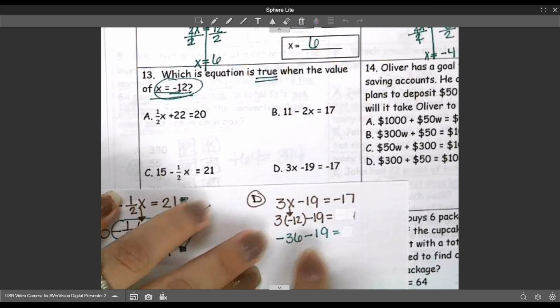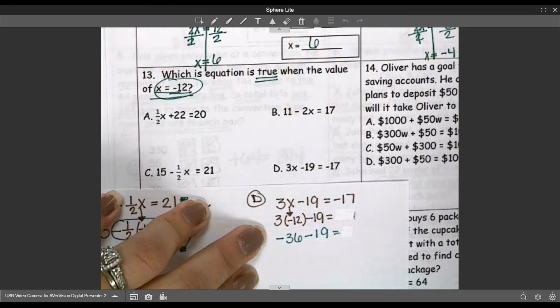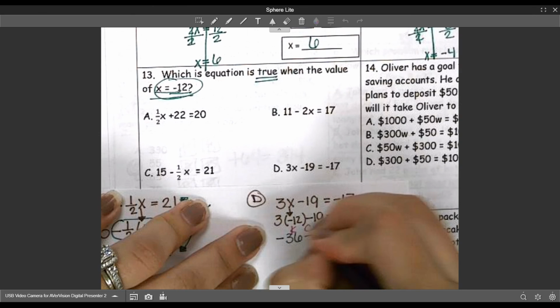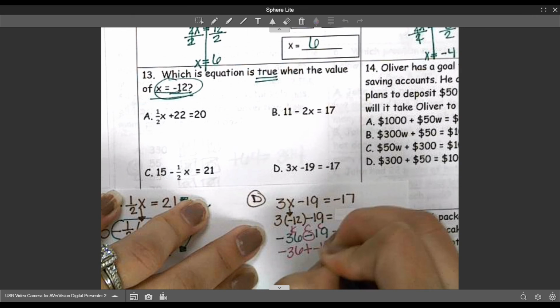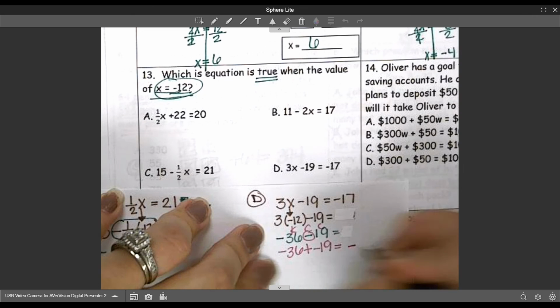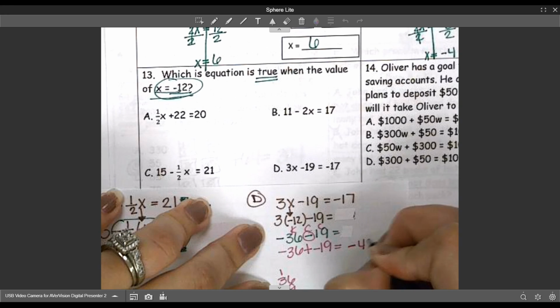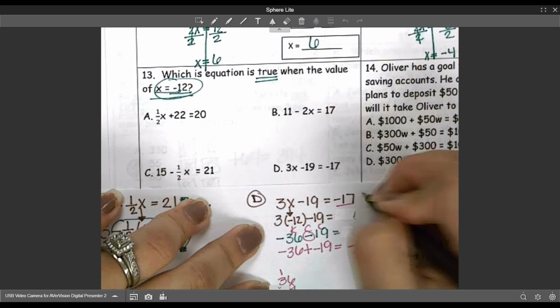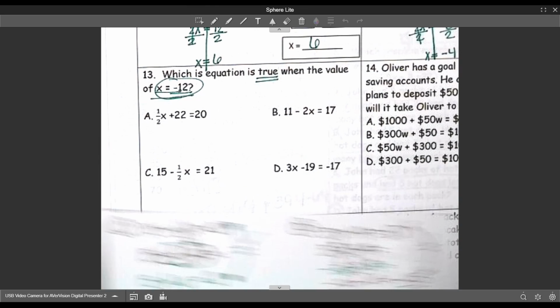Very good. Remember to do keep, change. Keep negative 36, change minus, and negative 19. Negative 36 plus negative 19 gives you negative 45. Did I get the negative 17 that I had? No. So the answer is letter C.